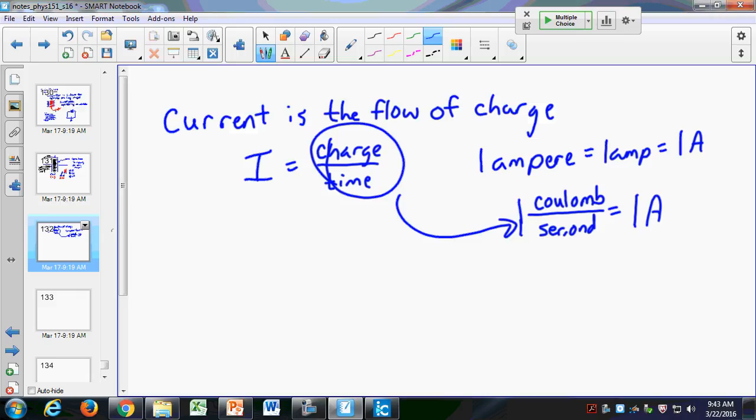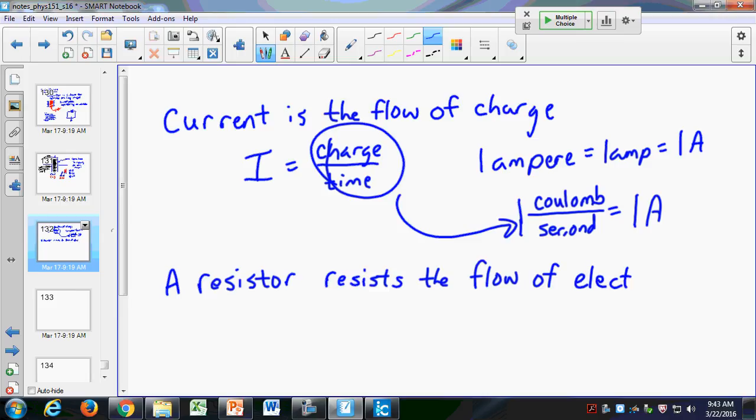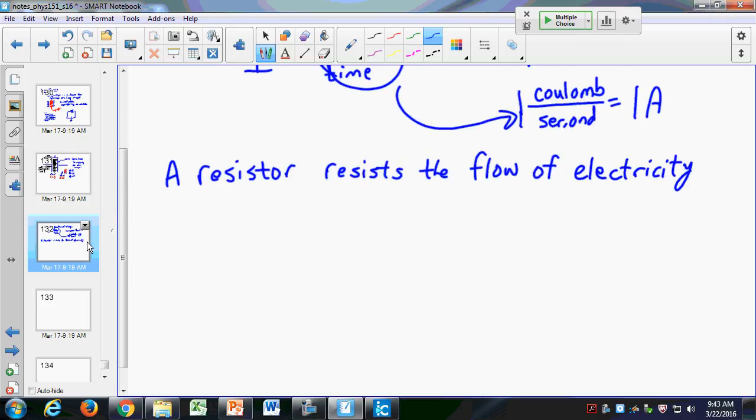A resistor resists the flow of electricity. And you can think of a resistor as a pipe for the flow of electricity to go through.